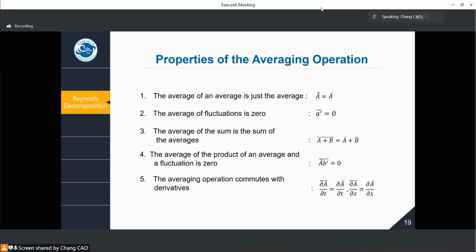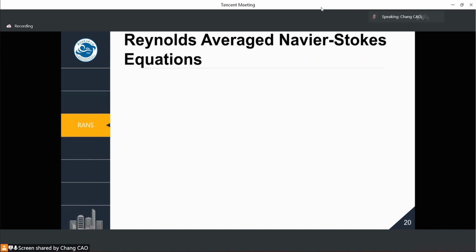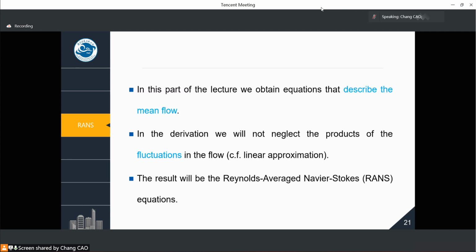Okay, so since we already know about the Reynolds decomposition, Reynolds averaging, we then can derive the RANS, or Reynolds averaged Navier-Stokes equations. Okay, we can call it RANS. And firstly, in this part of the lecture, we will obtain equations that describe the mean flow.